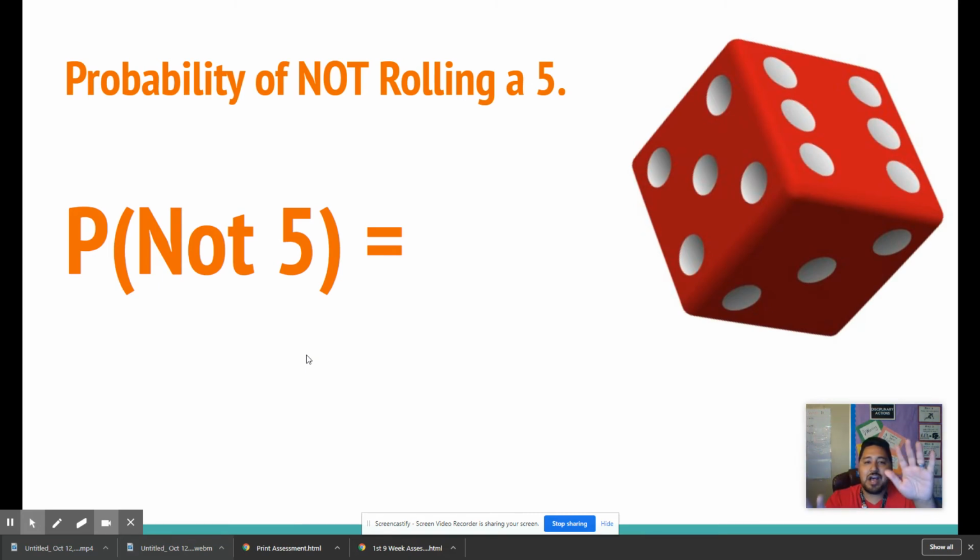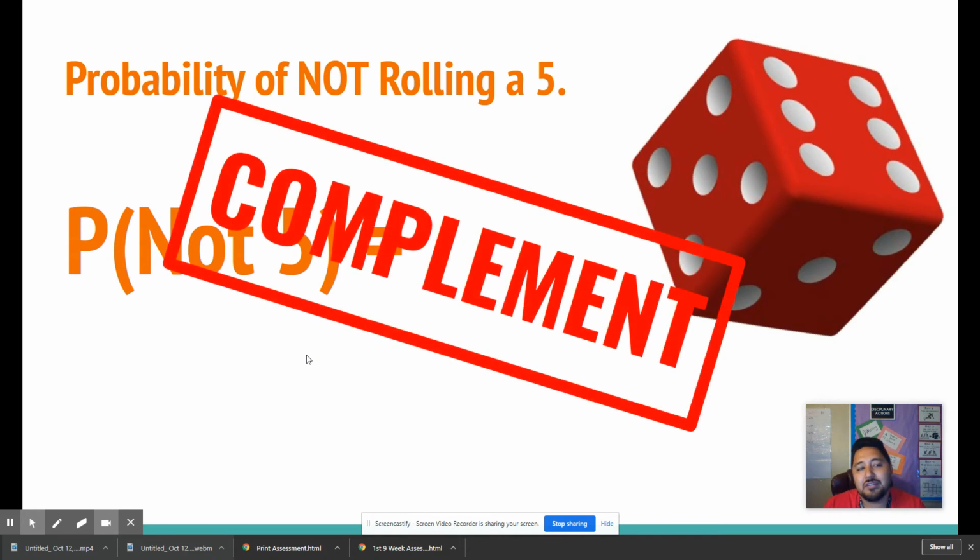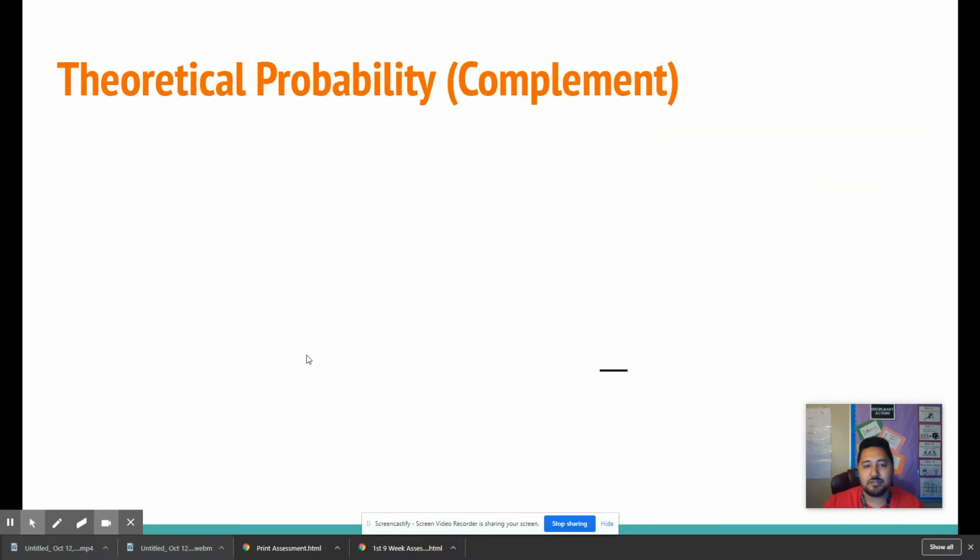Y'all ebb and flow together. Y'all complement each other, okay? And in this case, it means the opposite of something happening. So at first we had the probability of rolling a 5, and then its complement would be the probability of not rolling a 5. So let's look at this.